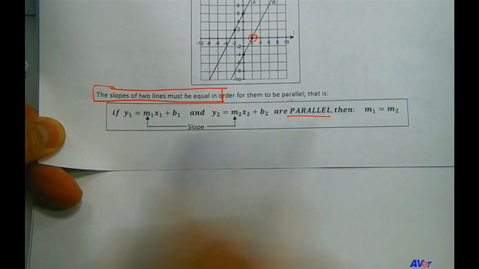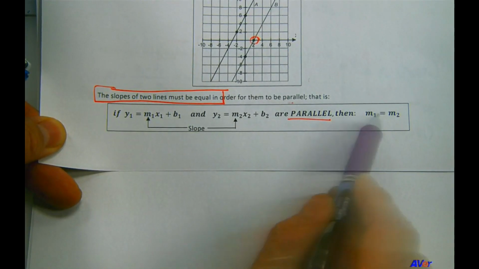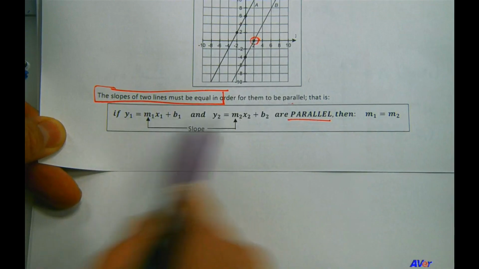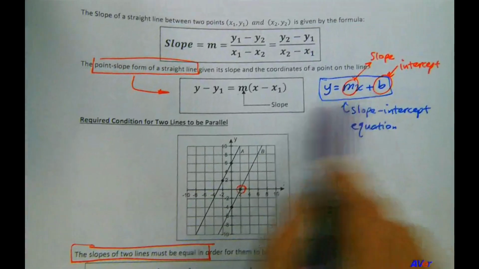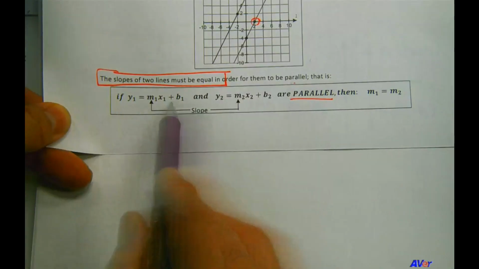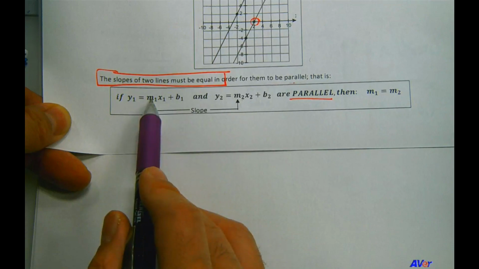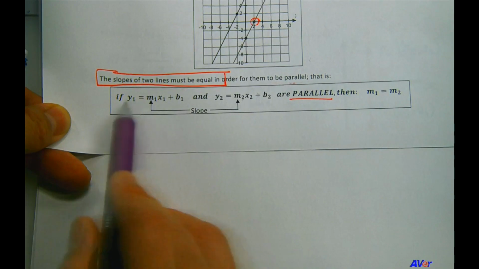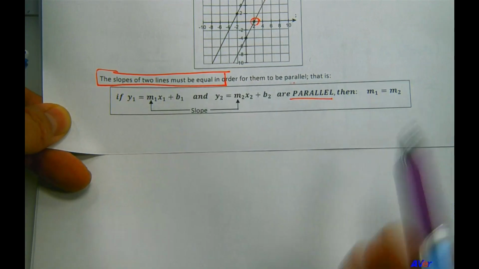But notice that before we know what the slopes are, the lines have to be written in the form of slope-intercept, in this form. If the lines are written in this form, then we know what the slopes are. Okay? But they have to be in this form. Y equals mx plus b.